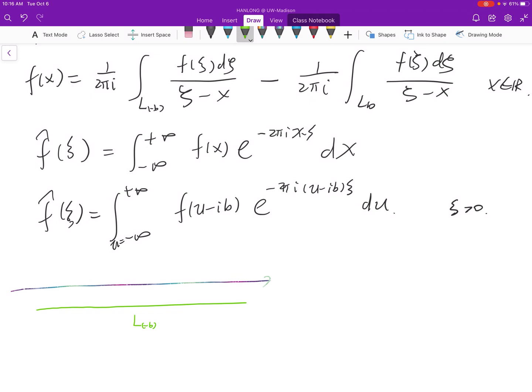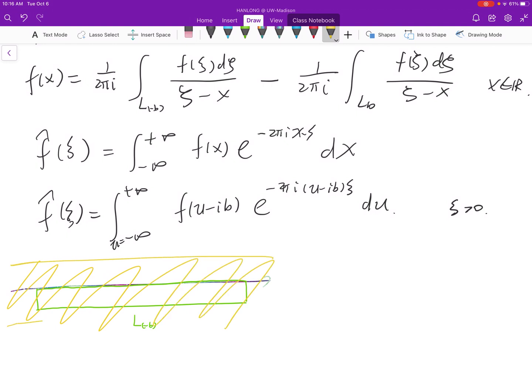So we are saying this is the same. Why is this the same? Because your function is holomorphic along this contour, and because of the quadratic decay, the integral along the vertical part, the blue part, goes to 0.